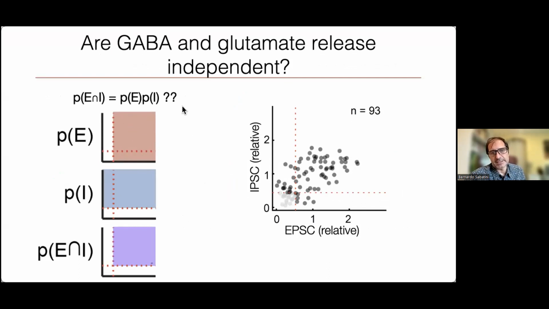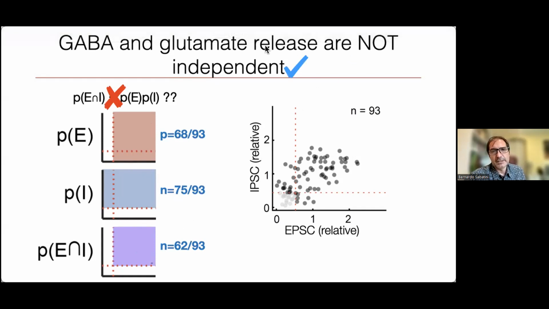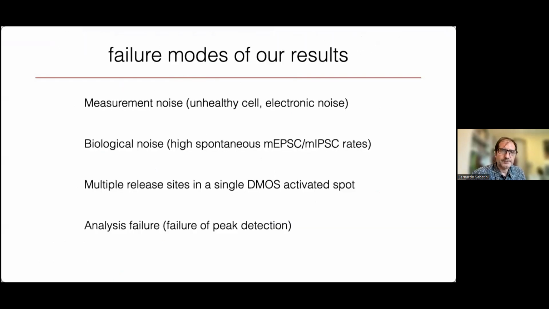So this says there was an excitatory event, everything above the noise line. In this shaded region in blue, which is everything above the inhibitory noise line, or in this joint region. And you can see how many, for this example synapses, how many times we get currents in each one of these different boxes. And again, doing the same kind of statistical analysis and bootstrapping, we can conclude that GABA and glutamate release are not independent. They're almost always seen together in a way that's not expected by chance.